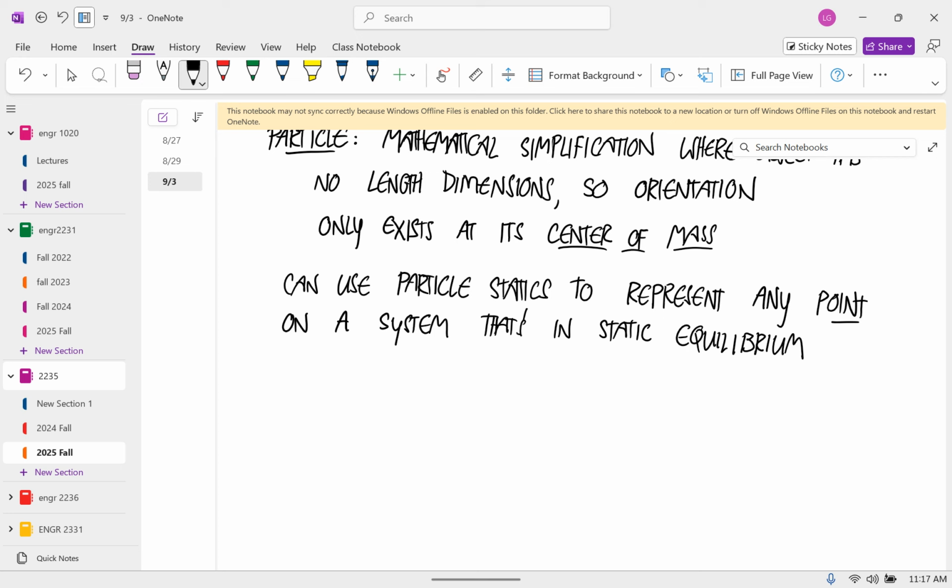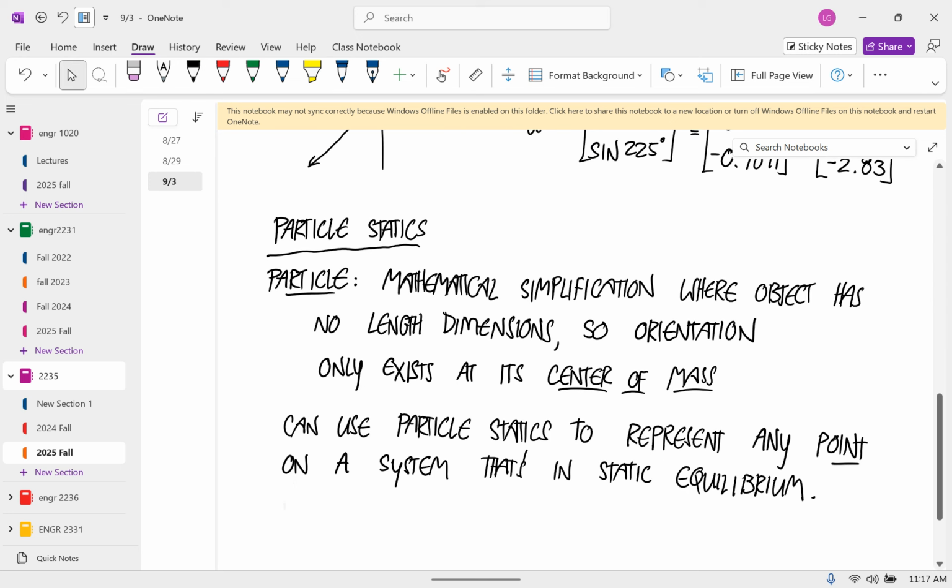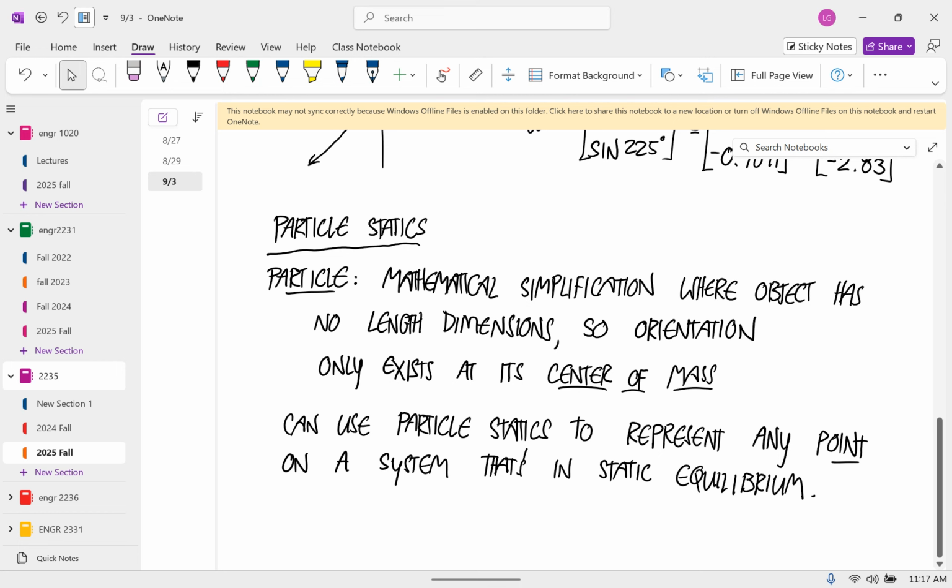Can you scroll up a little bit so we can see the full definition? Yeah. Sure. Most of the time in this class, we're going to treat bodies as rigid bodies, not as particles, but there'll be a few things where this is useful.